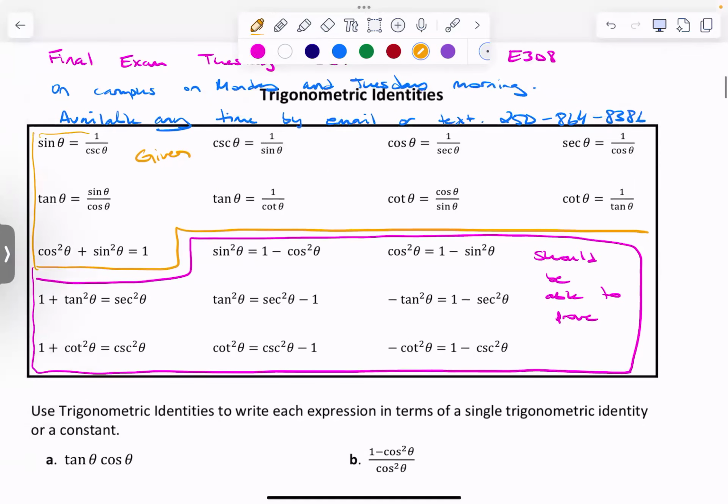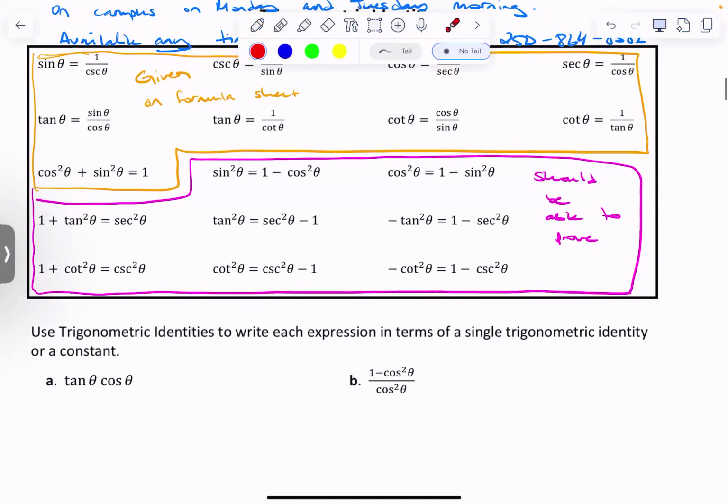On the formula sheet. And for practice, you should be able to prove each of these. Now on this worksheet, I'm making you prove, I think, this one. Prove that they are the same.